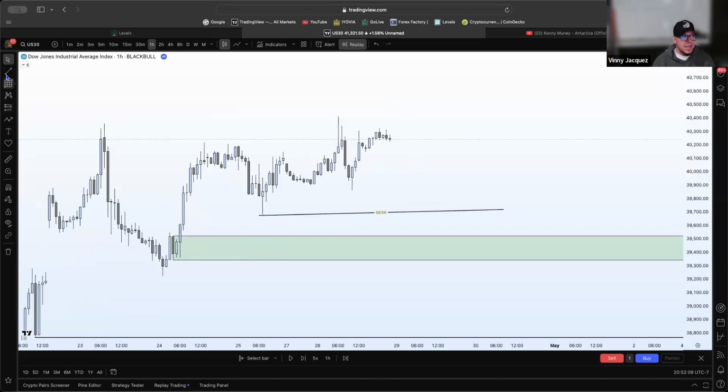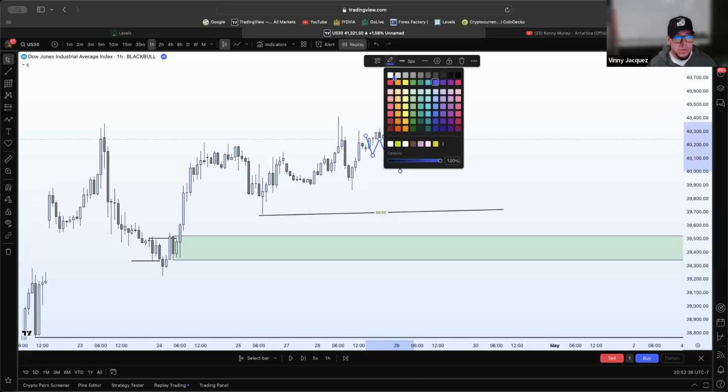Well, the main thing that I like to do is find really good high probable zones, right? Usually they're nowhere near live price. If live price was right here, usually really, really good zones are a bit lower or a bit higher. So I want to wait right here for the next possible buy, or I'm waiting for new bullish structure to form.